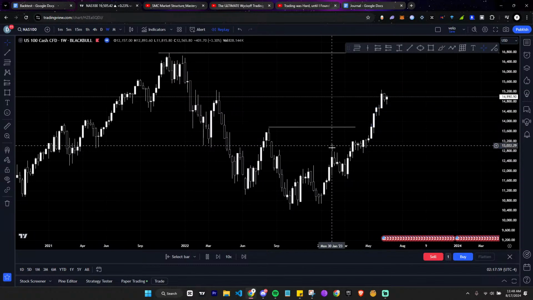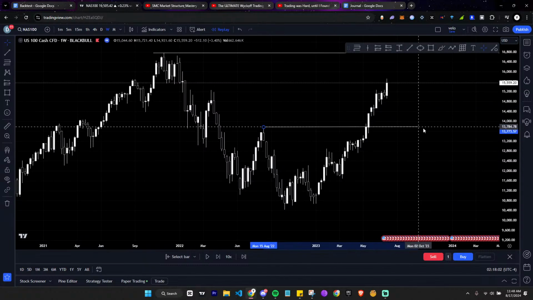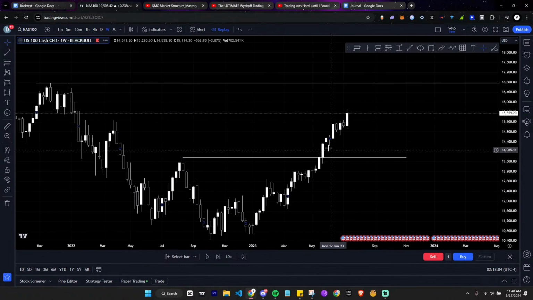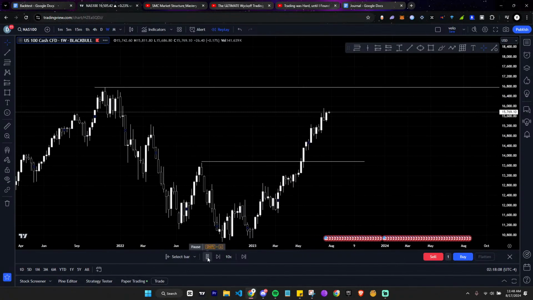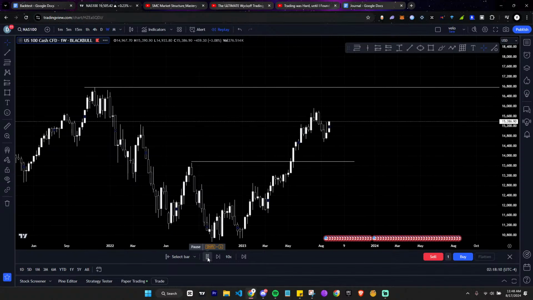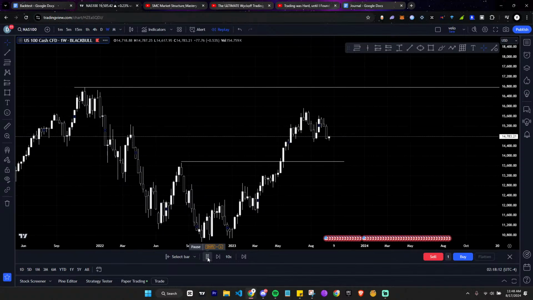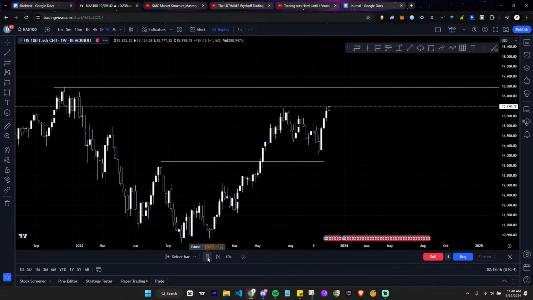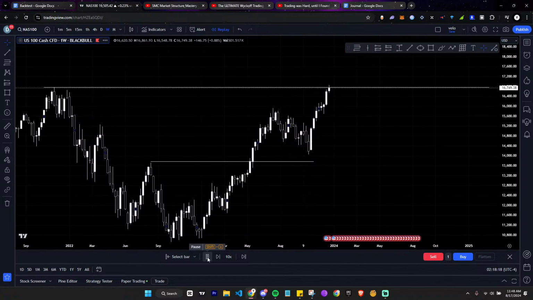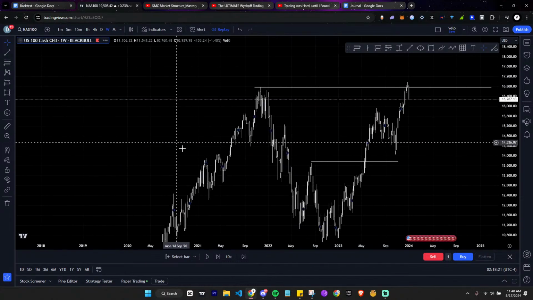So it breaks the internal term high. You can see that this internal term high has been broken now, so we're heading towards these draws over here. Let's see what it does. There we go. Took out these highs.